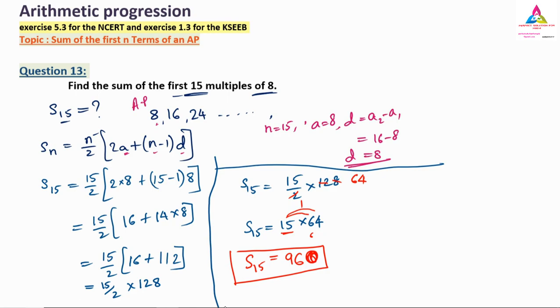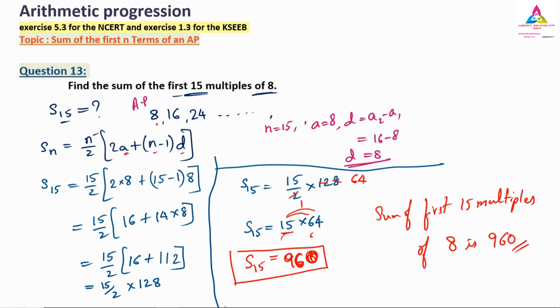The sum of the first 15 multiples of 8 is 960, your final answer. You have to write that lastly: the sum of the first 15 multiples of 8 is 960. This is our final answer.